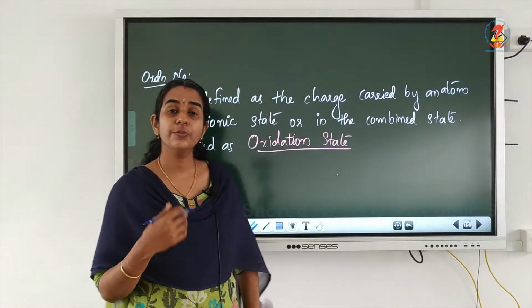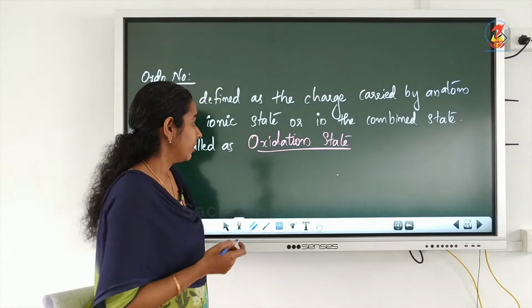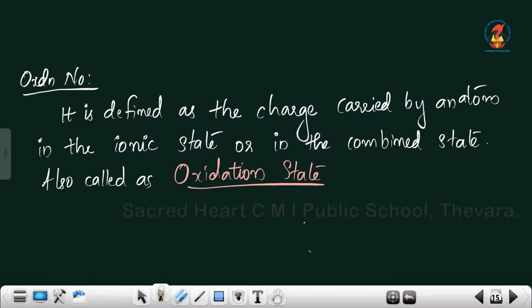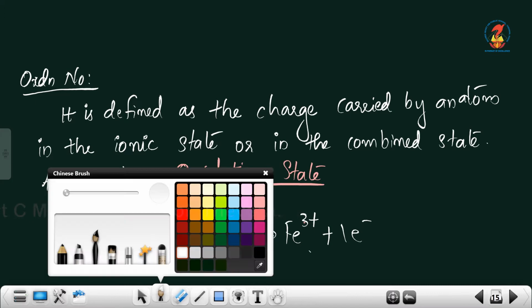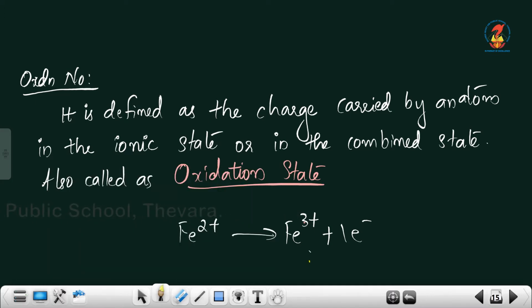or in the case of ionic species, for example, Fe2+ losing one electron and changing to Fe3+. In the case of ionic reactions or ionic species, it is very easy to find out the number of electrons transferred during the reaction.